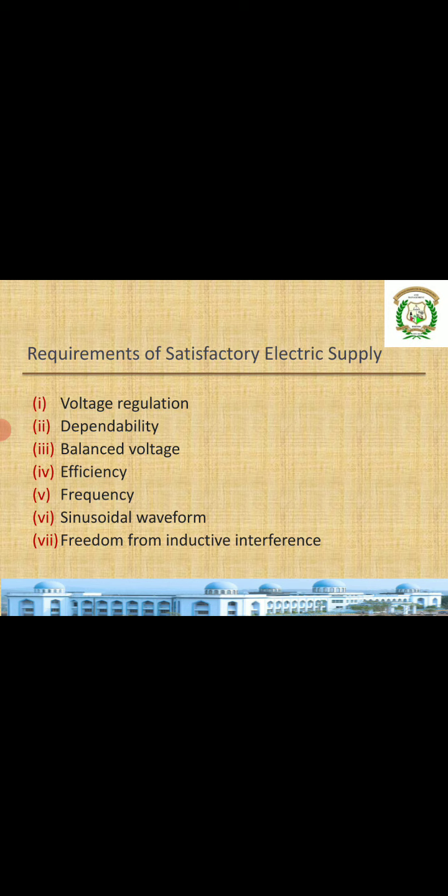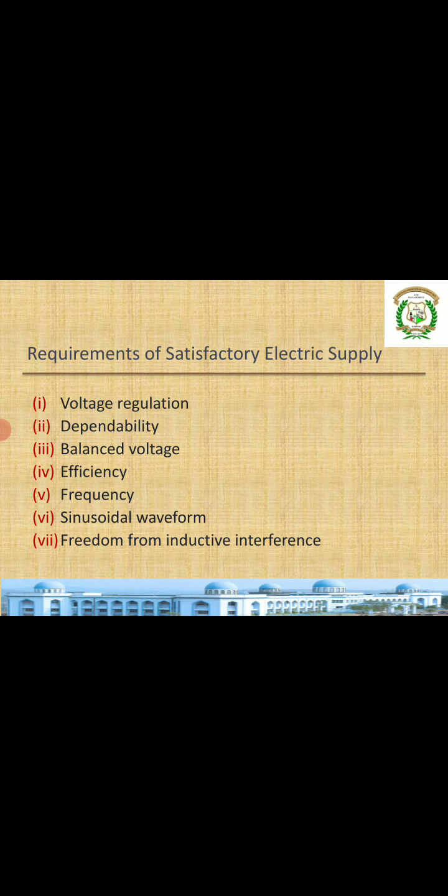Balanced voltage is one of the very important things, because all three phases should have a balanced voltage, otherwise all the machineries designed for a particular voltage will malfunction. Efficiency is one of the important things, otherwise most of the energy gets wasted.